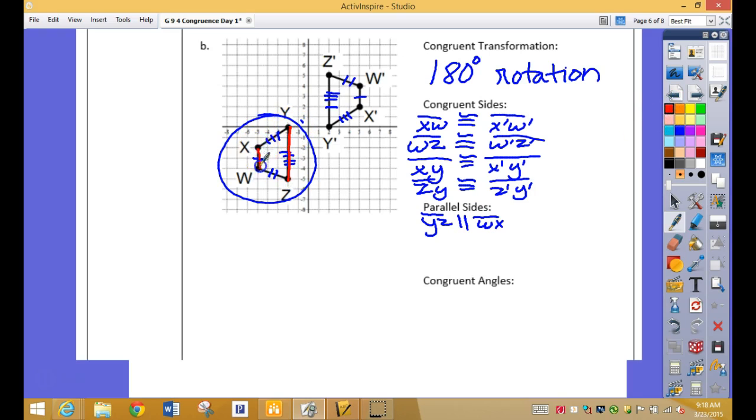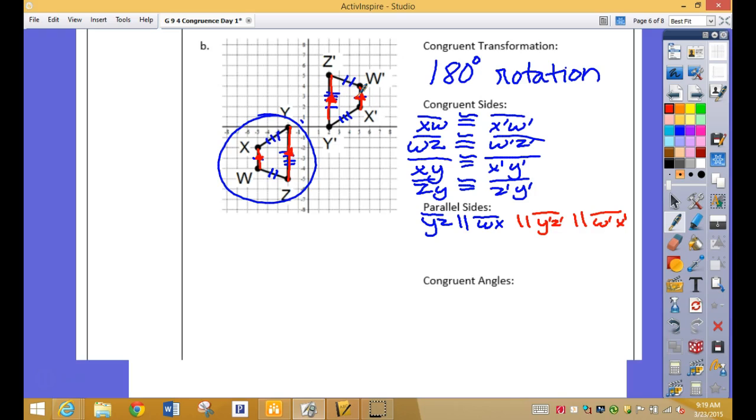This side is parallel to this side. So therefore, what else do we know? We also know that WX is then parallel to side Y prime Z prime, and that is also parallel to W prime X prime. All these are prime as well, then if they are congruent, they're similar, these will then be parallel.